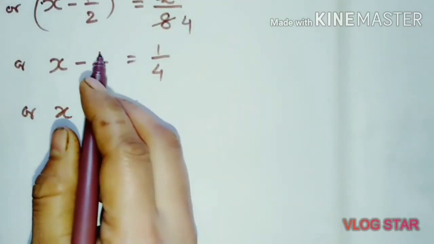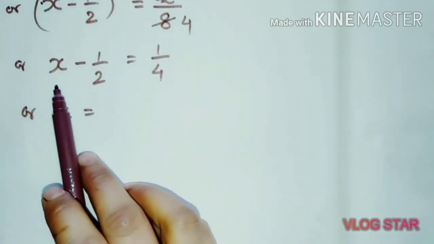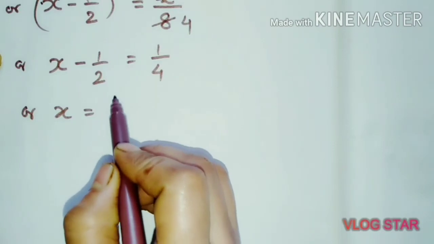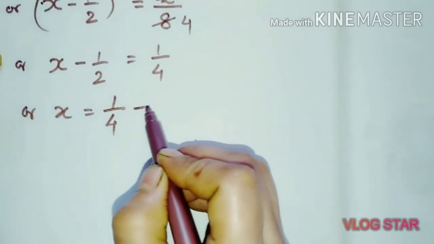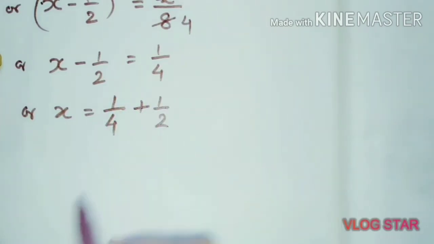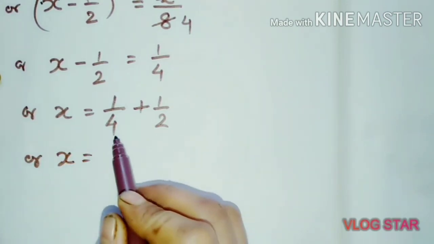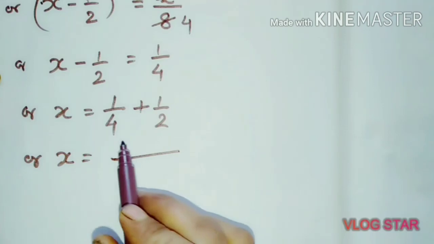x is equal to, now this 1/2 which is subtracted from x is transferred to the RHS, and there it is added to 1/4, 1/2. x is equal to, now we have to take the LCM.